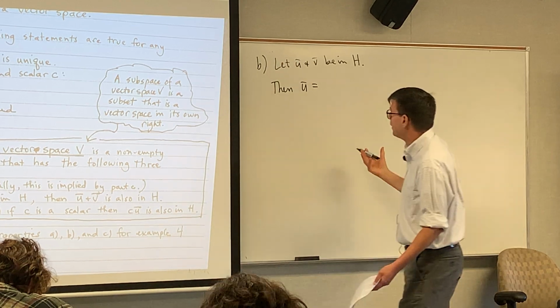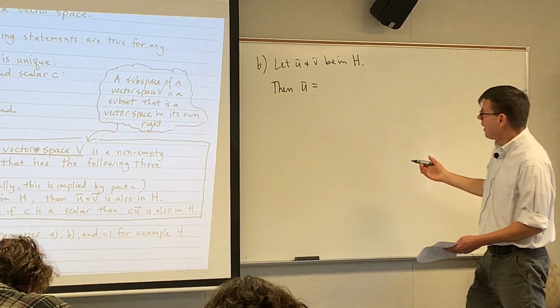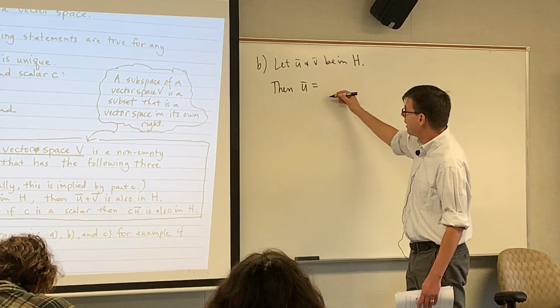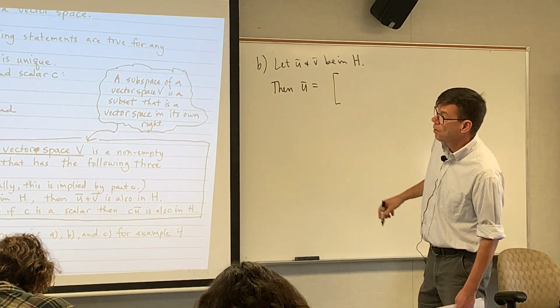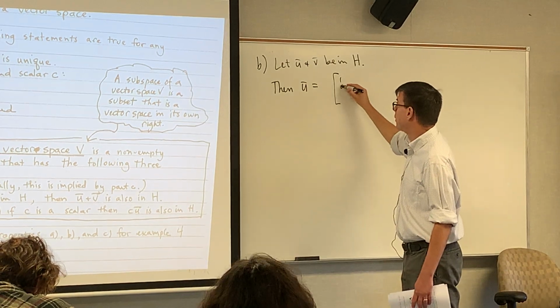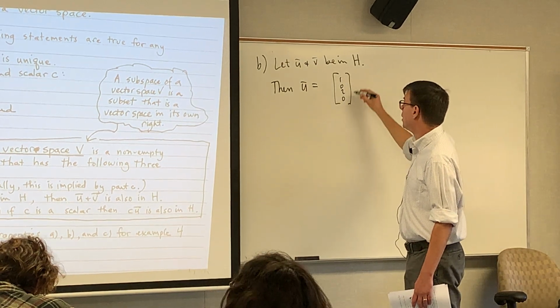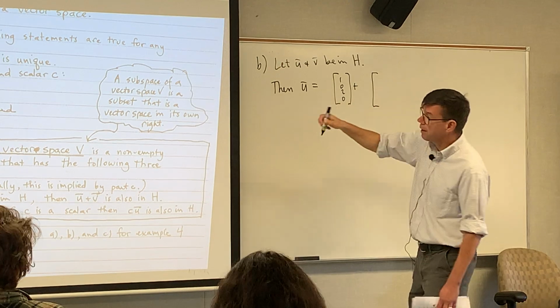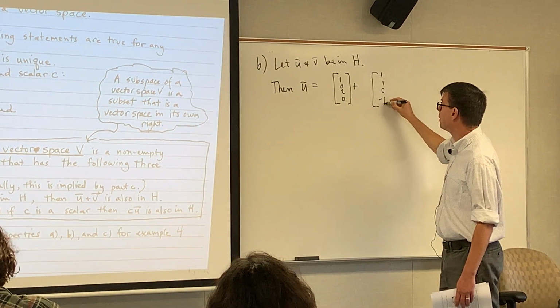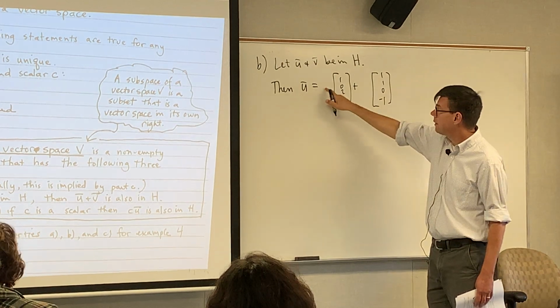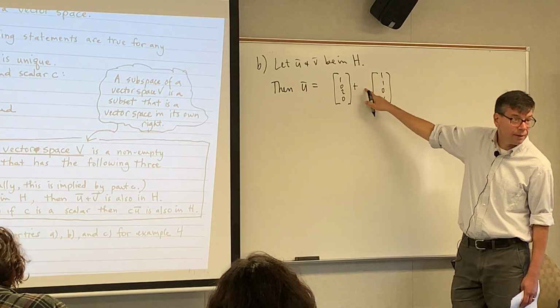What I want to say is U's got to be a scalar times 1, 0, 2, 0 plus a scalar times the other vector 1, 1, 0, negative 1, right? And I need to denote these scalars in some way.